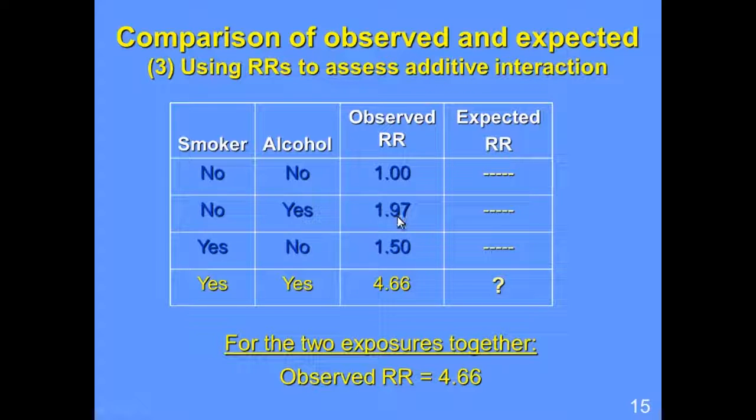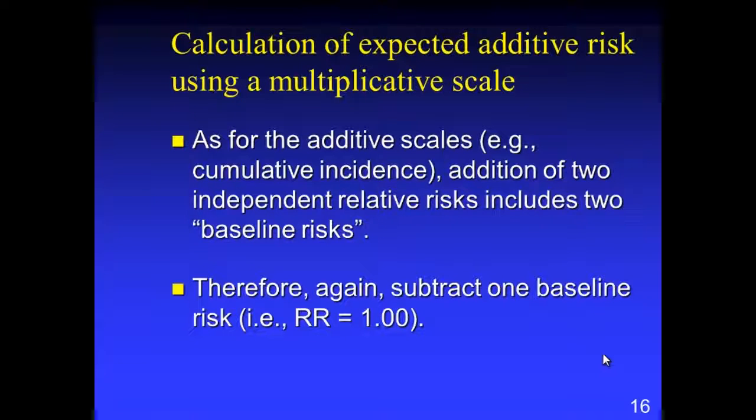Basically, we add this value, 1.97 and 1.50, but again we have the problem of the double baseline. So again, we have to subtract 1 baseline. So very similar to the way we did it on an additive scale, we subtract 1 baseline.